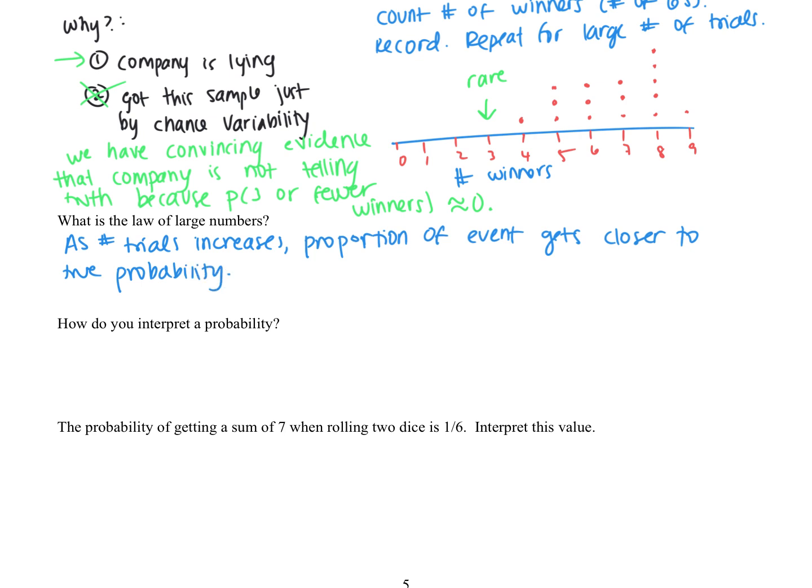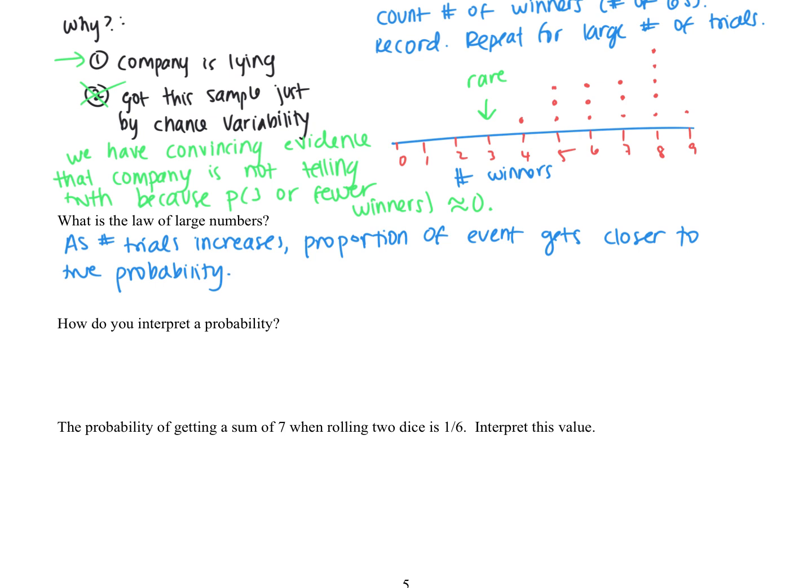So the probability of getting 3 or fewer winners is probably not 0. If we did this 1,000 times, we would probably get the true probability, or at least get very close. Simulation is often used when you don't know how to calculate a probability, which is our case right now. We haven't done any of the actual calculations.